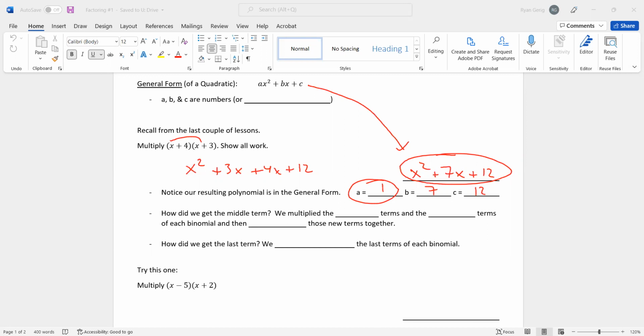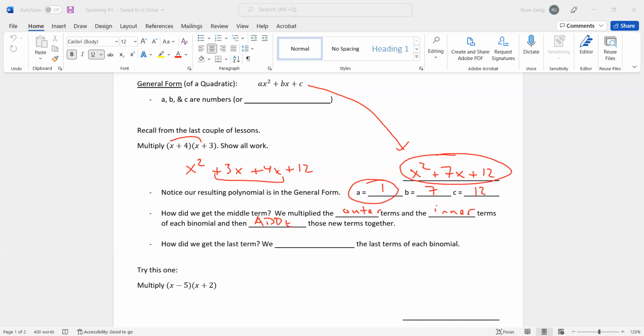Now, how did we get the middle term? To get the middle term, we multiplied the outer terms, right? And the inner terms of each binomial. And then what did we do with those two? We added them together.